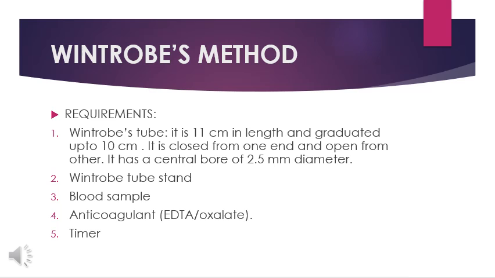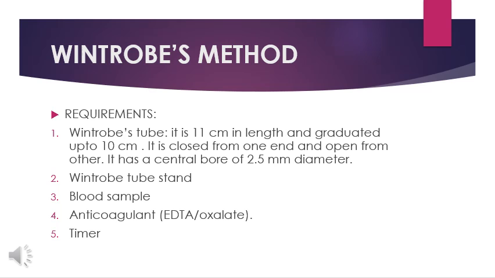The second conventional method used for this test is Wintrob's method. For this method, the requirements are Wintrob's tubes, obviously, and the specifications of these tubes are that they are 11 centimeters in length, graduated up to 10 centimeters, and closed from one end but open from the other.